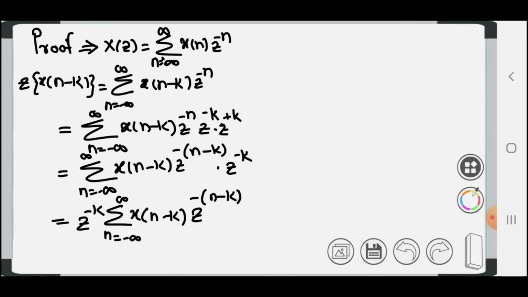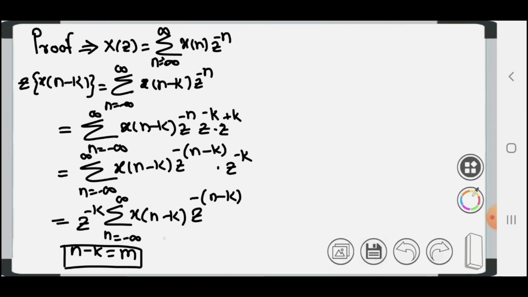Now again we will replace n minus k with m. But at the same time we have to look after the limits, whether they are changing or remaining the same.